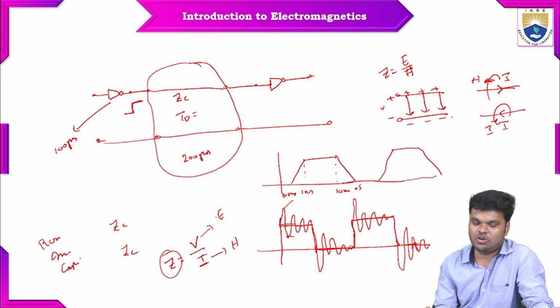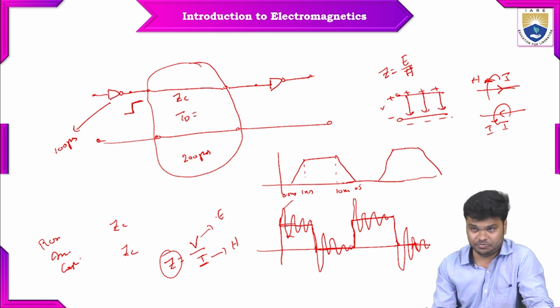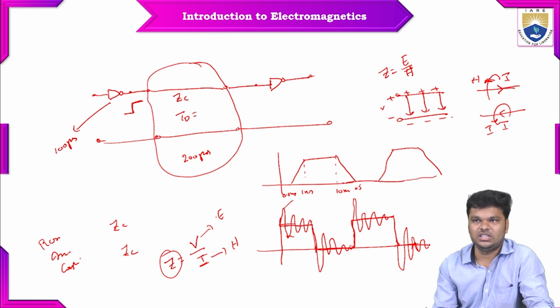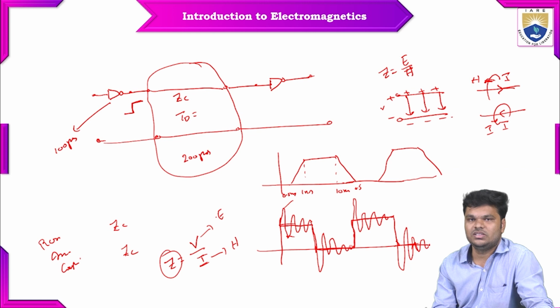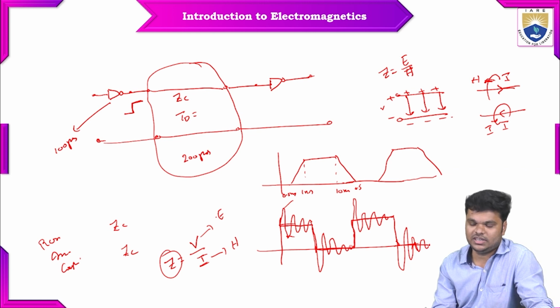So, let's summarize whatever we have studied till now. A wire is not just a wire, it is something more than a wire, because that wire causes some delay, which is very crucial when we design high speed digital circuits which have short switching times, right?